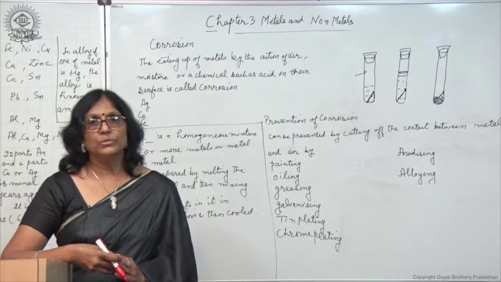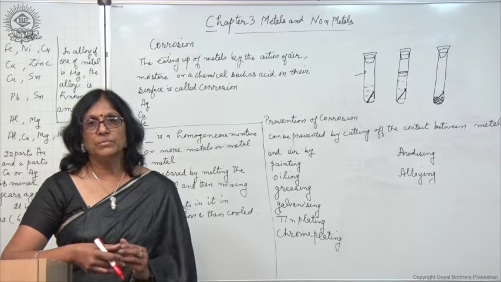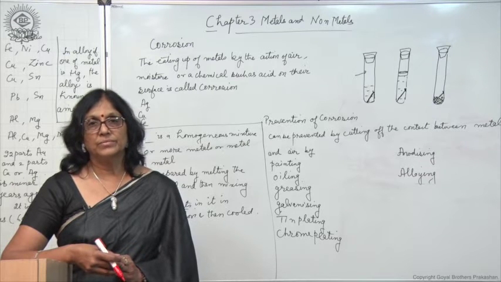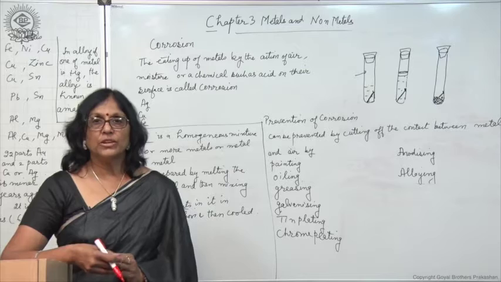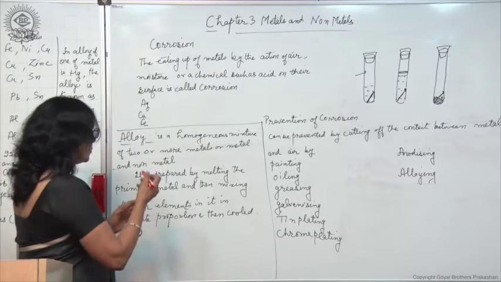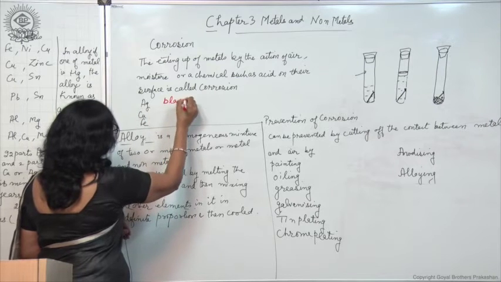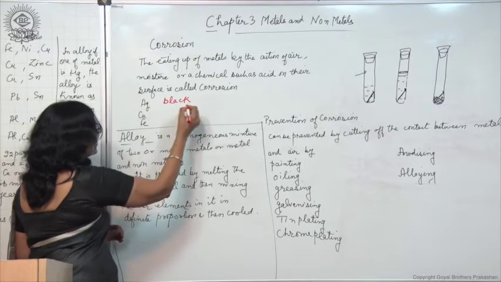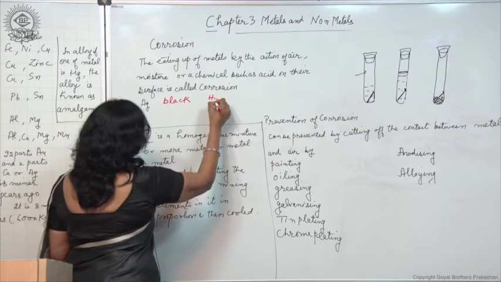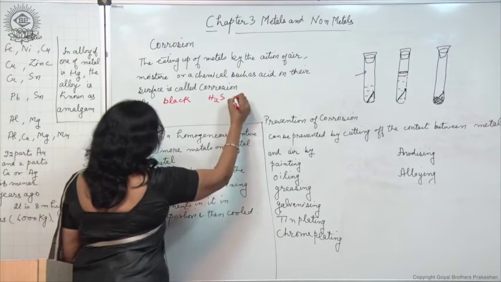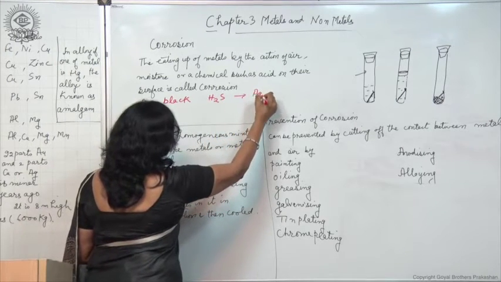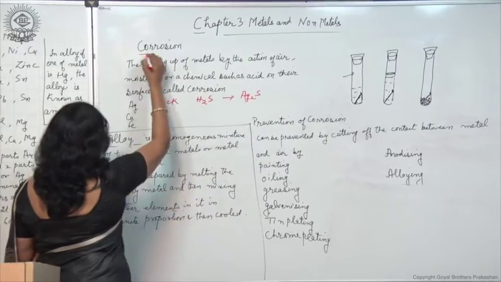So, this is due to the reaction of silver with some substance present in the air, and that is hydrogen sulfide gas, due to which it becomes black in color, because it combines with hydrogen sulfide and forms silver sulfide.